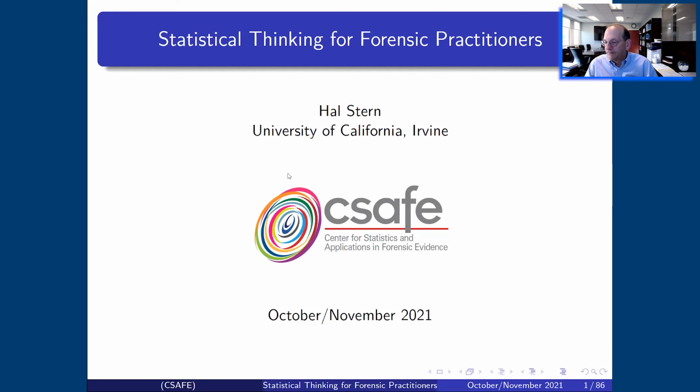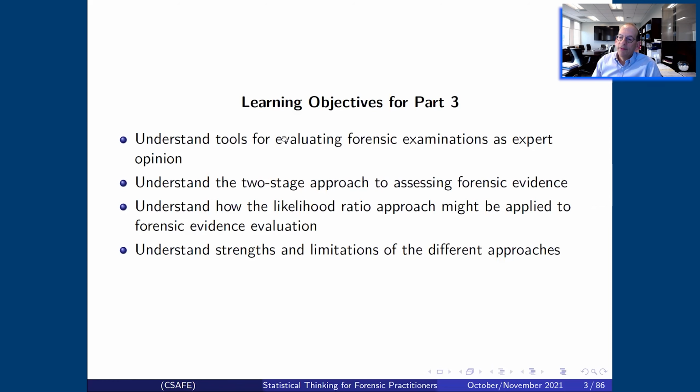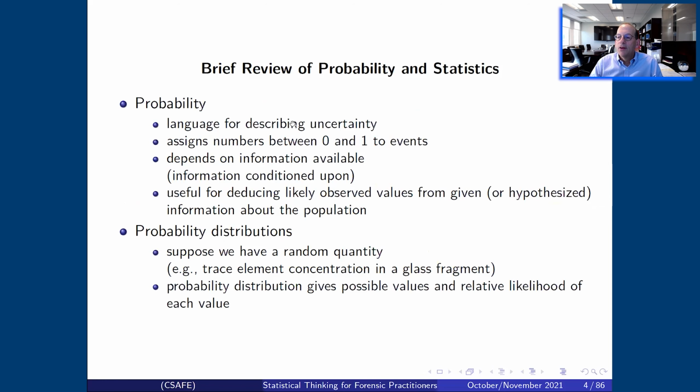So that will be where I focus a lot of attention, but the things I say apply more broadly. So thinking of forensic examiners as providing expert opinion, and then a couple of more quantitative approaches, one that is known as the 2-stage approach, and one is the likelihood ratio. And hopefully in the course of the 2 hours, we'll cover the strengths and limitations.